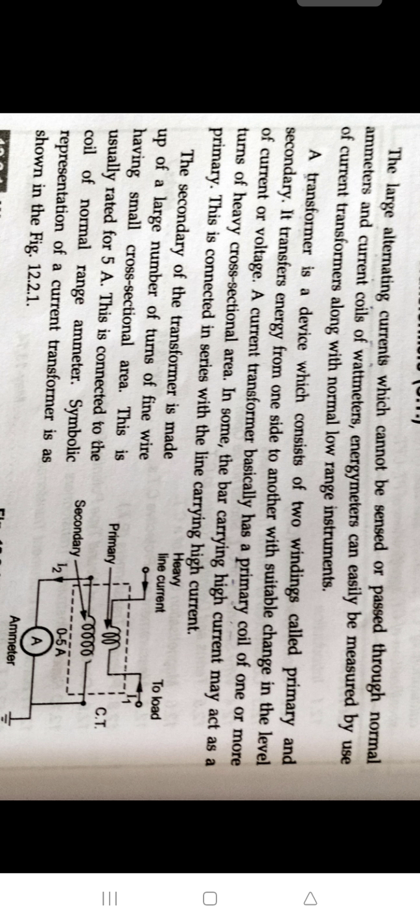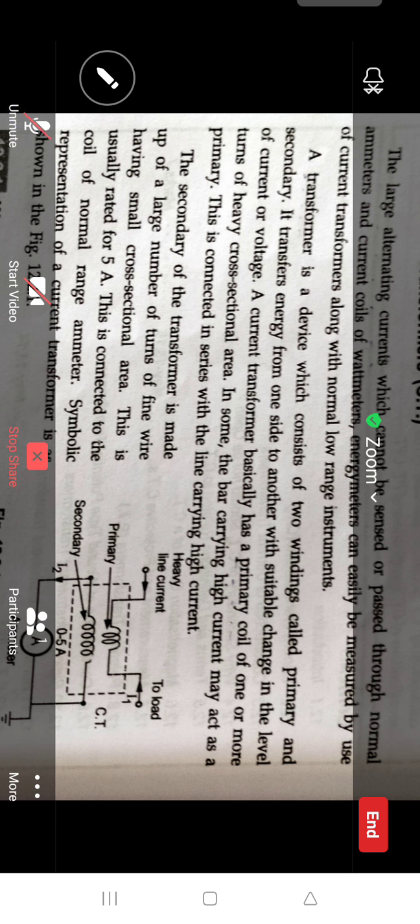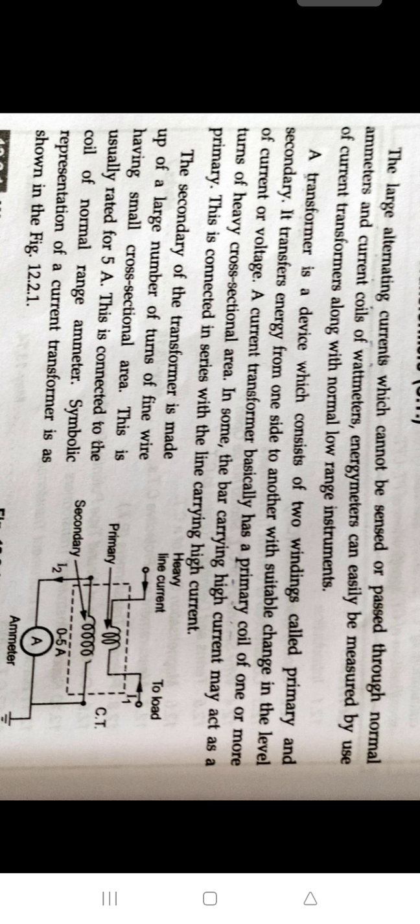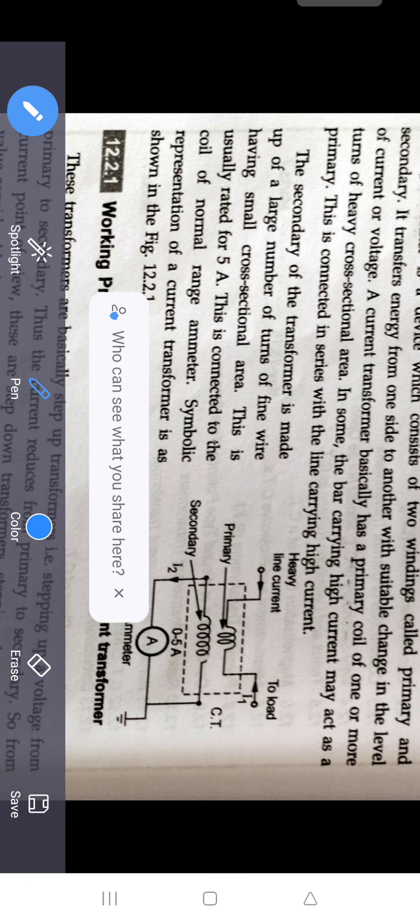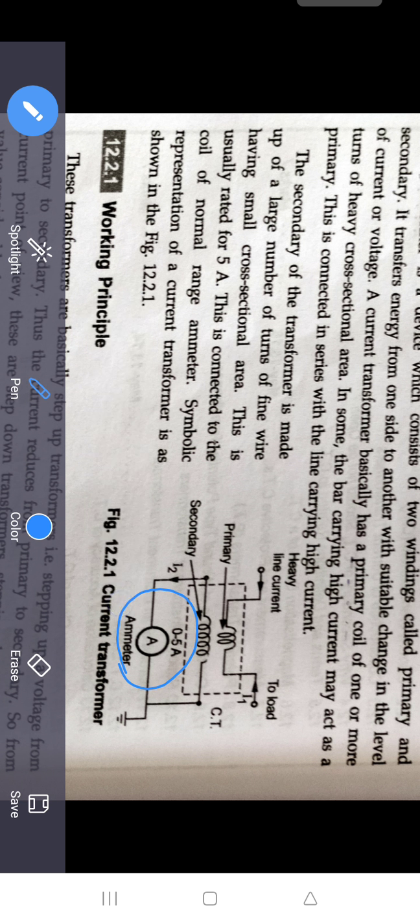This is usually rated for 5 ampere. Now this is connected to the coil of a normal range ammeter. Here you can see the secondary terminal connected with the normal range ammeter.